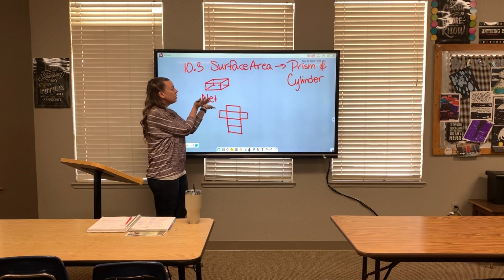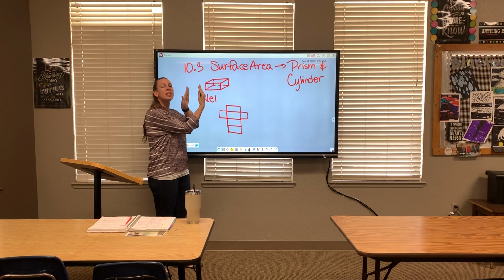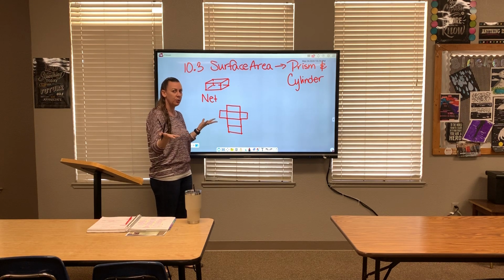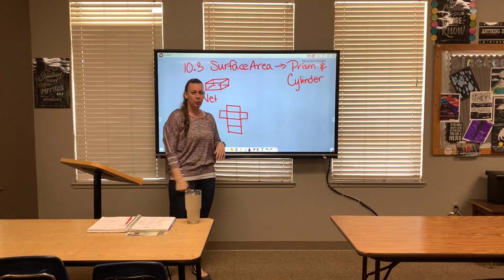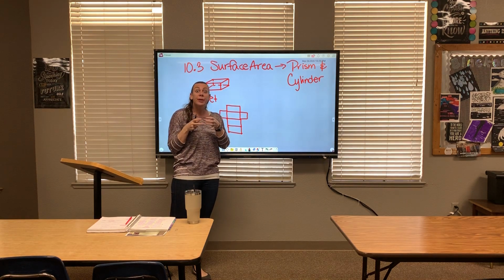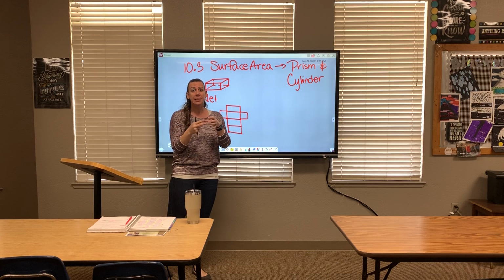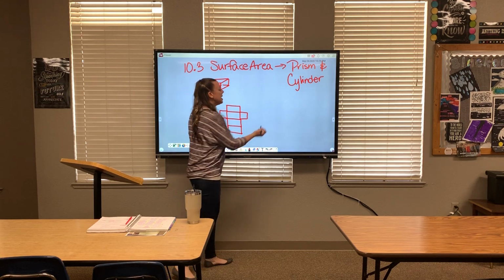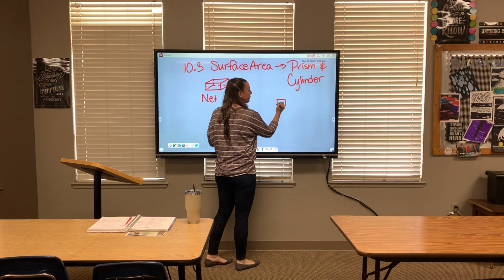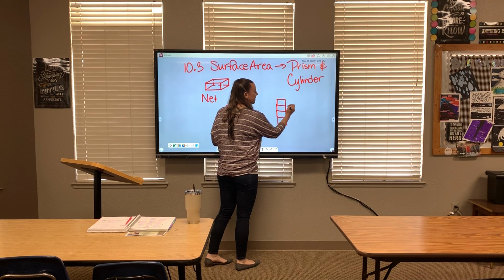I have four that folded up and over, and then I have the two sides that folded in if I were to unravel it, okay? So for those of you Rubik's Cube guys, I know that it's a Rubik's Cube, which means that with the term cube, all six sides are exactly the same. So if you were to unfold it, a Rubik's Cube would be 6 squares, right? Exactly the same size.